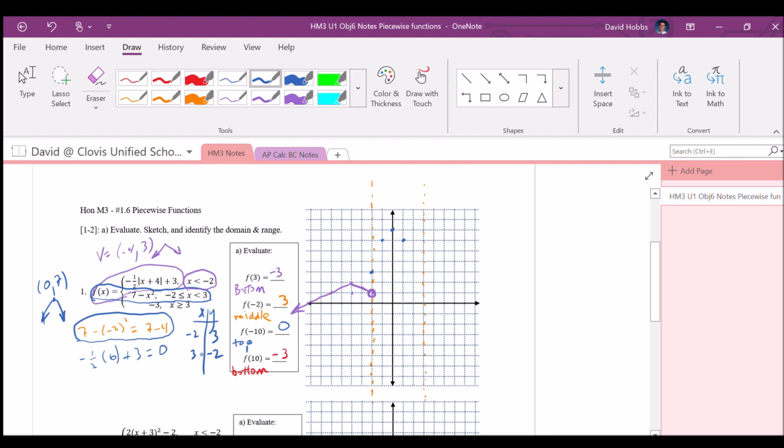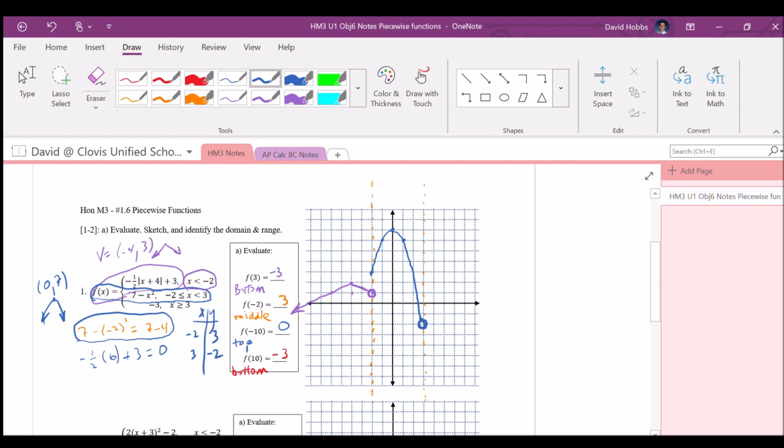On the other hand, the other boundary, x less than 3, you don't get to touch at 3 because it's just less than 3, so it's a hollow dot, so 3, negative 2, nice hollow dot. Okay, those are the boundary points. We got the vertex, a couple of lattice points here, and then we get the boundary points, so let's sketch that parabola. Okay, there's the middle piece.